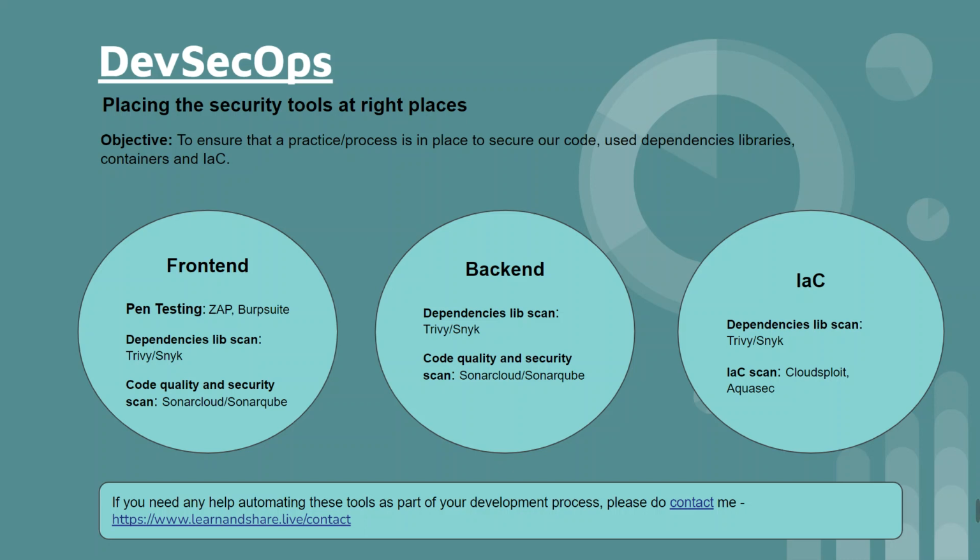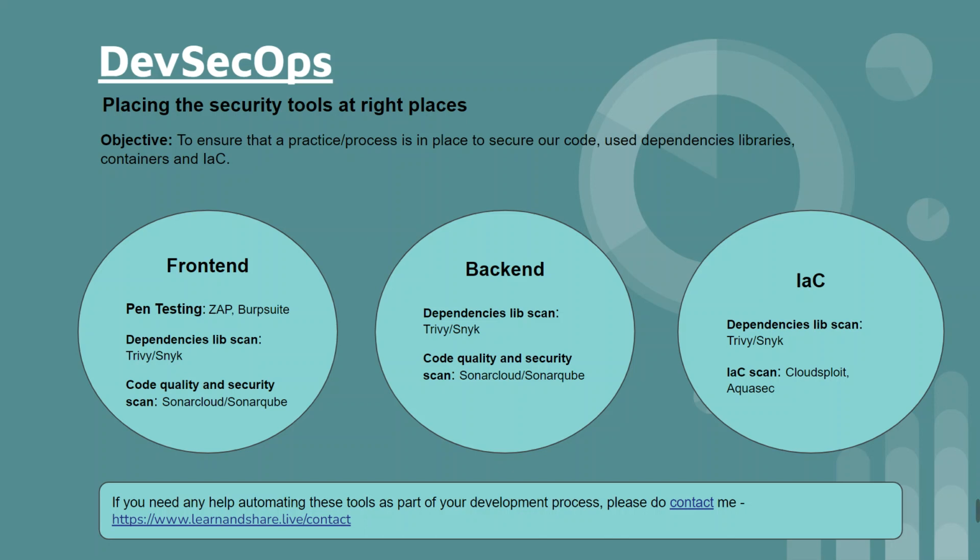And IaC, infrastructure as code. Again, we can make use of Trivy and Snyk to perform the necessary scan, and for the AWS resources or any cloud resources scan, just to ensure that the configuration we have used is as per the standard or not.